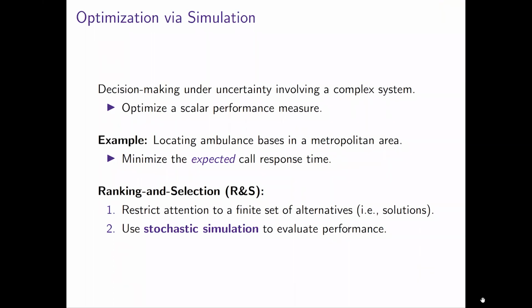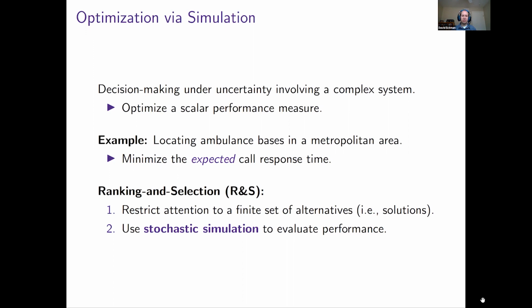For the purposes of this talk, I'll be considering the case where you have a single objective function that you're trying to optimize over. To give a concrete example of an application where this arises, think of positioning ambulance bases in a metropolitan area, where the choice of where to put ambulance bases dictates what your response times are going to be across a city.